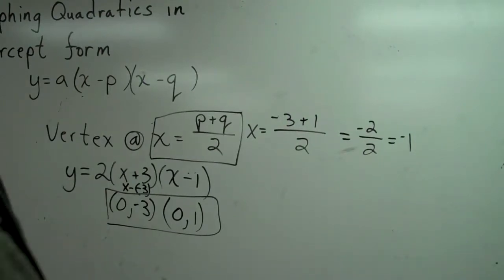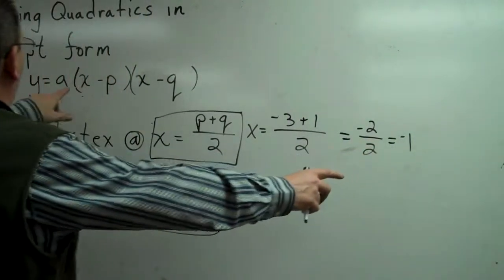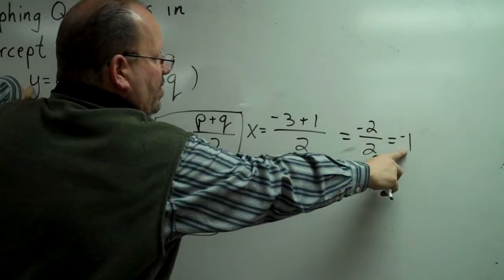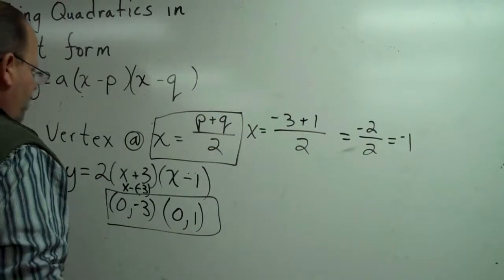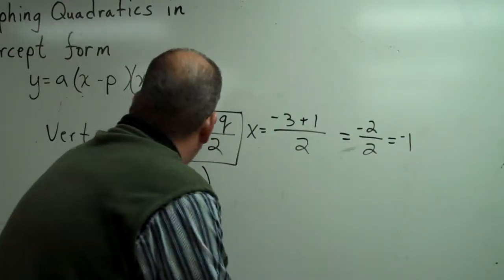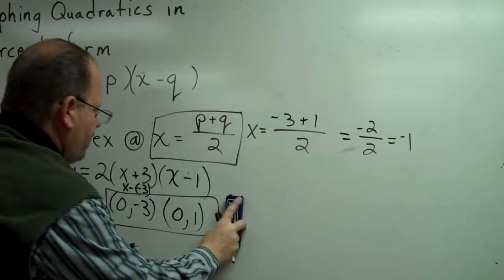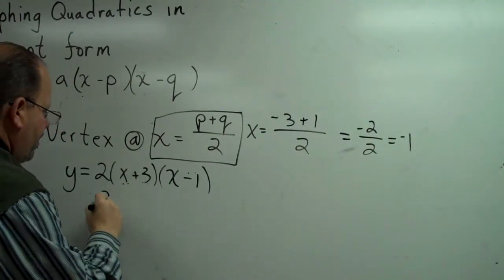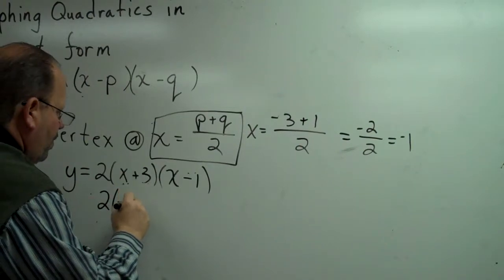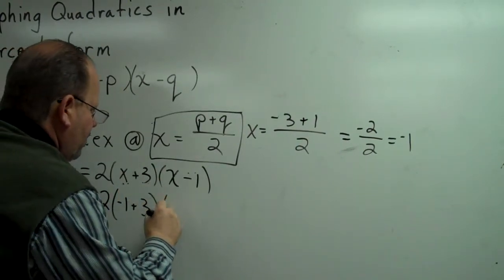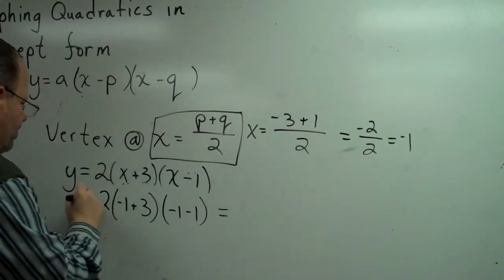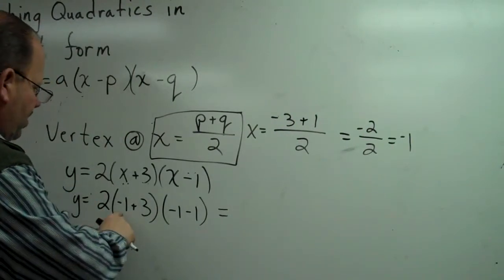So, now we want to find what y is when x is negative 1. We're going to take this formula and put in a negative 1 where x is. We're just going to work it out, and that will tell us the y part of our vertex.